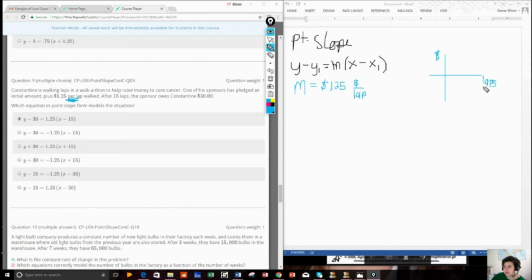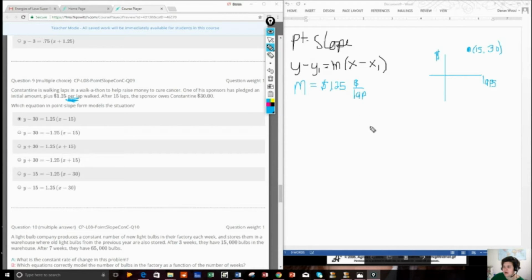The money depends on how many laps we do. After 15 laps, the sponsor owes Constantine $30. That's a point. If I went over 15 on a graph, I should be up at $30. That's a coordinate: 15 laps and $30 owed. That's our output.